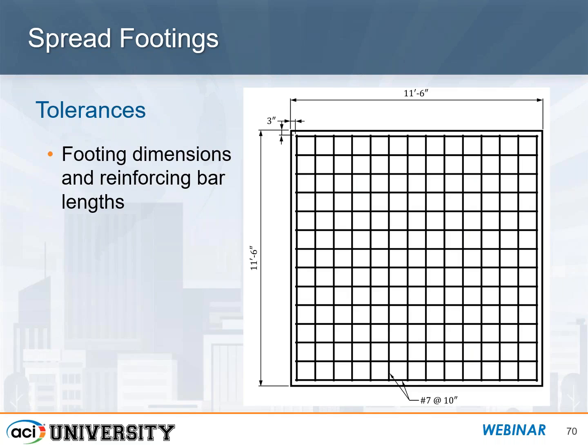Now let's look at tolerances for footing dimensions and see what we might run across here. This is an 11'6" by 11'6" footing with number 7s at 10 in both directions. We've specified a clear cover to the bar of 3 inches.